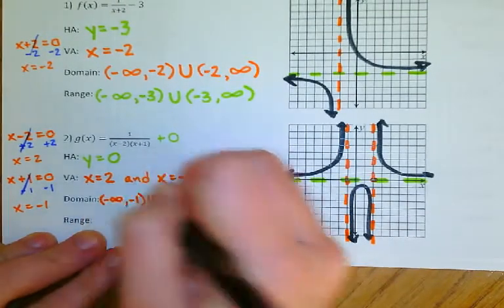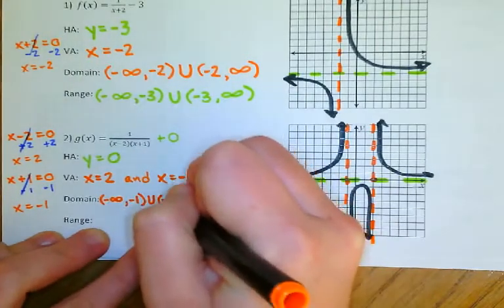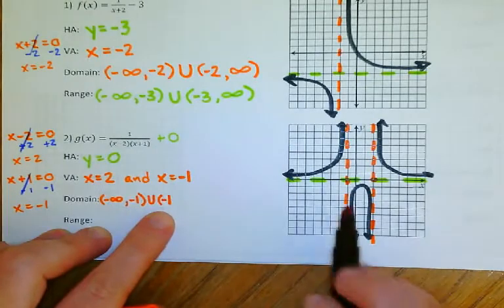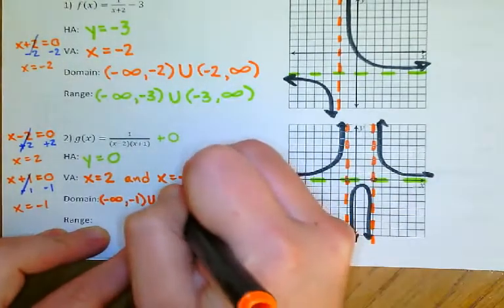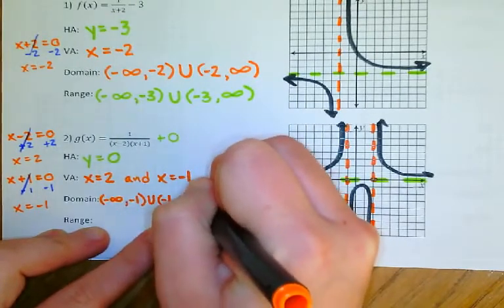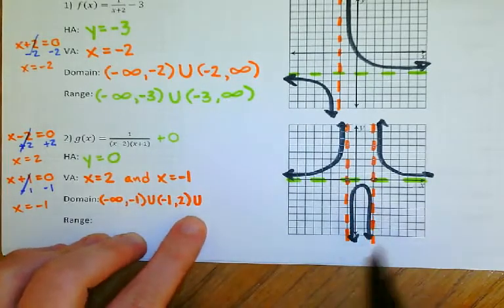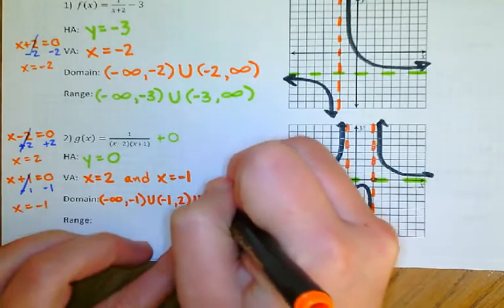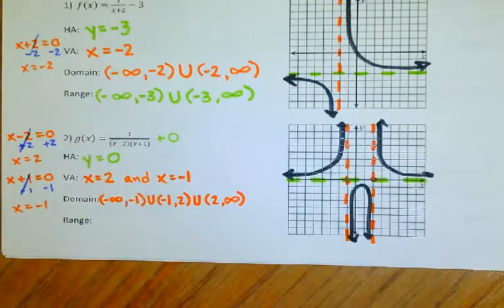After we hop over -1, we start back up, and we go and we stop at another orange line, which is at the number 2. So then I put a little U, because we got to pull around that positive 2. And then after we get around positive 2, we can keep on going to positive infinity.